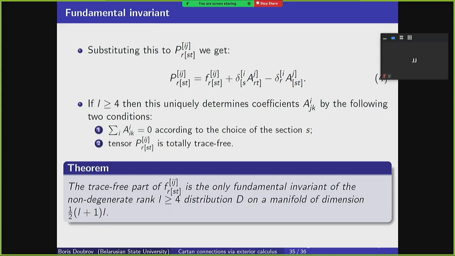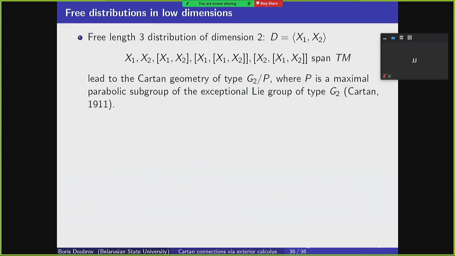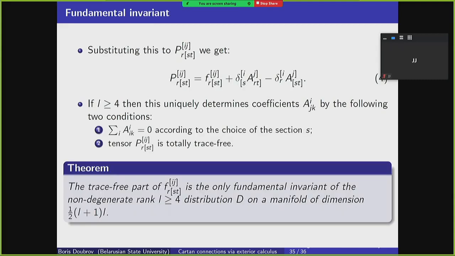Well, I have a few minutes left, and actually I have a disclaimer here. I should have put names on this theorem, and this theorem was proven by me and Jan Slovak back to, I believe, 2011. Sorry for not putting names here. Earlier, maybe earlier, yes, in the scope of generalizing some other results in low dimensions.